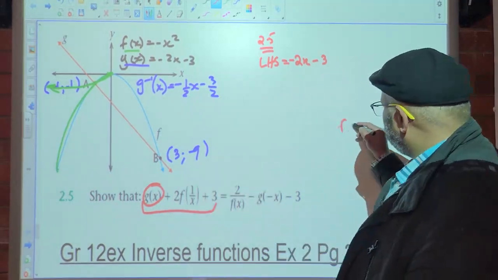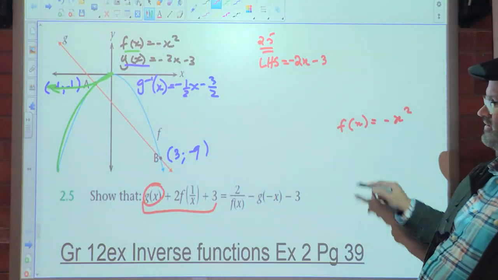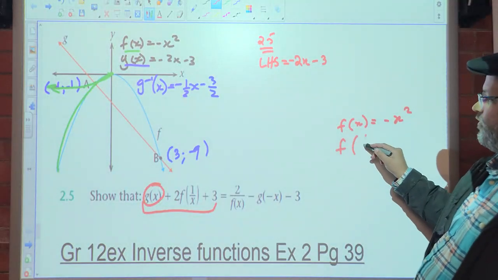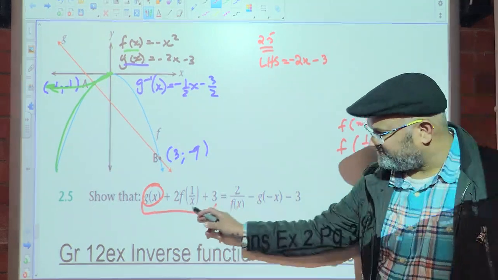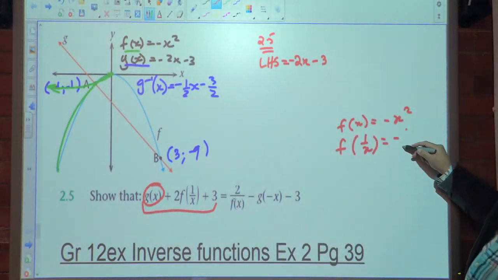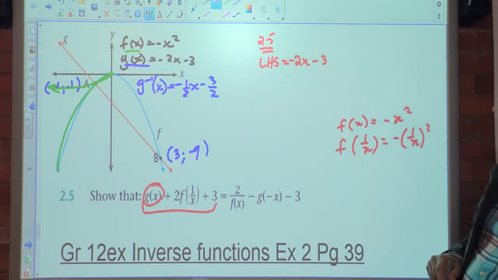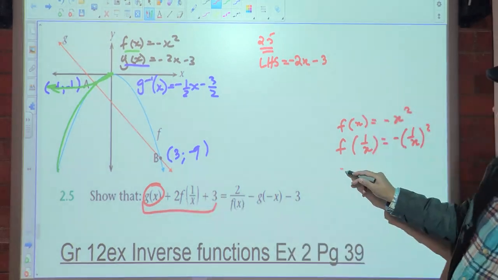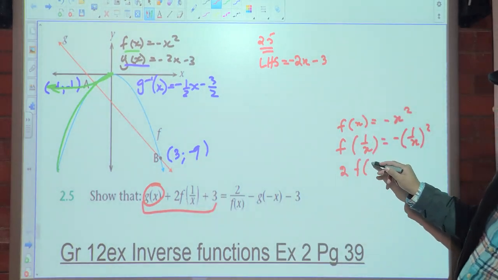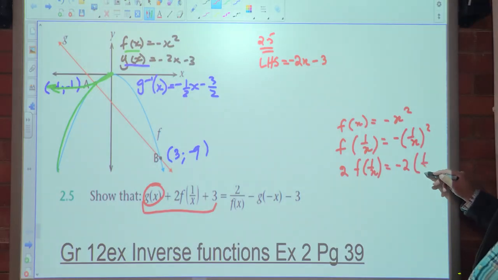Now f of x is defined as negative x squared. So f of 1 over x, if I replace x with 1 over x, is negative 1 over x squared. And with a 2 in front, it's 2 times whatever f of 1 over x is, so it's negative 2 into 1 over x whole squared.